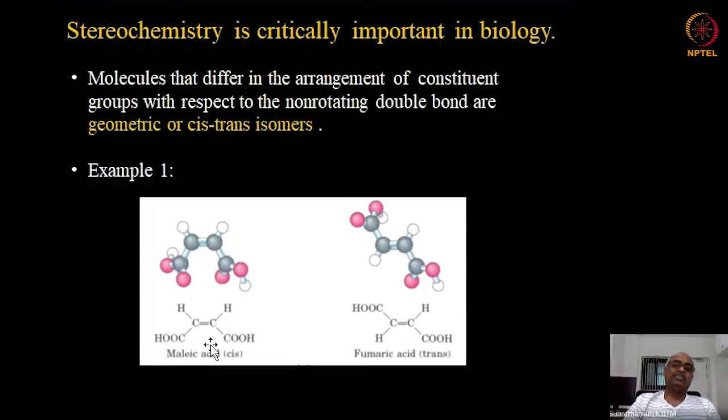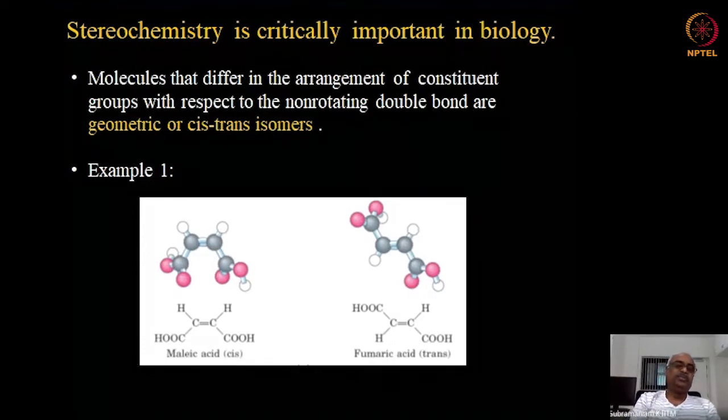When you have this kind of orientation, you say this is cis orientation. And when you have the opposite orientation, like one hydrogen on the same side as another carboxyl group, then this is trans orientation. Same side is cis, opposite side is trans.